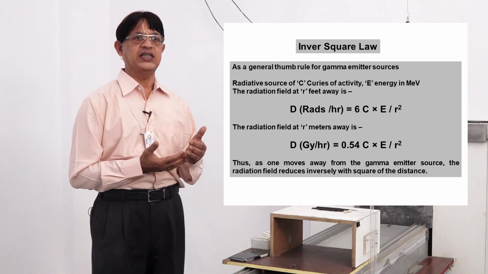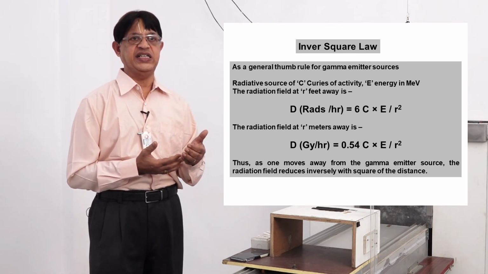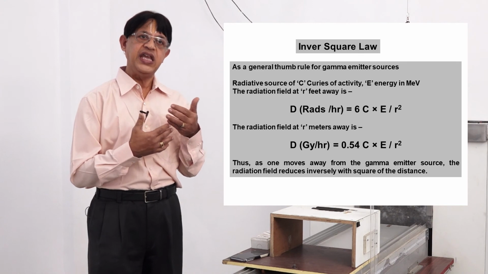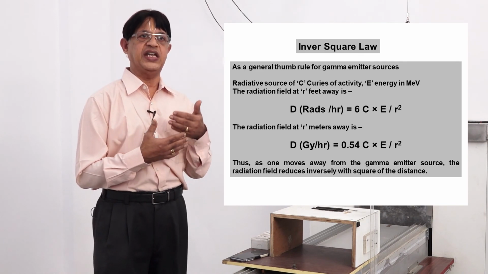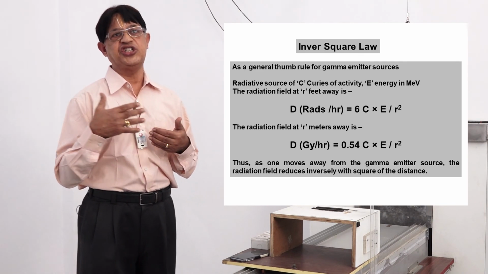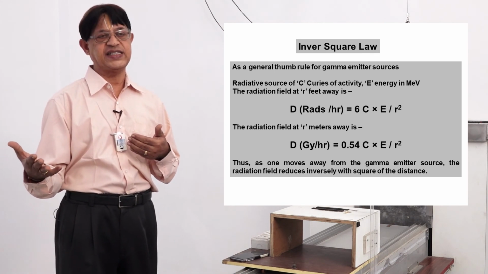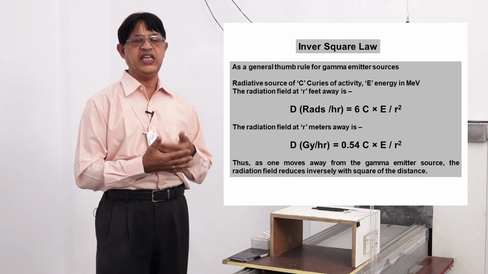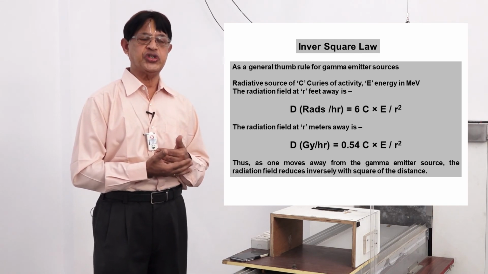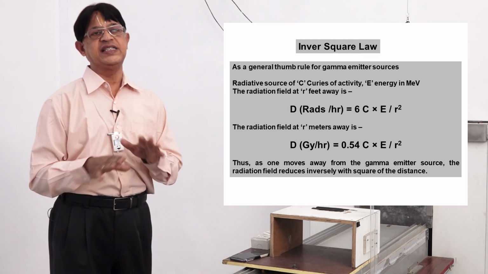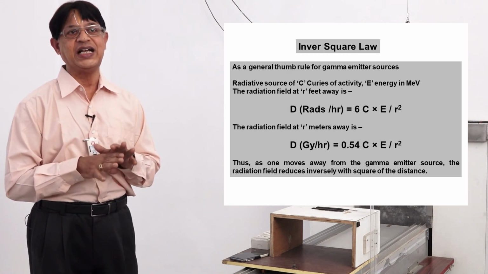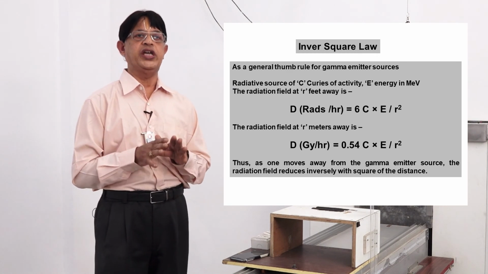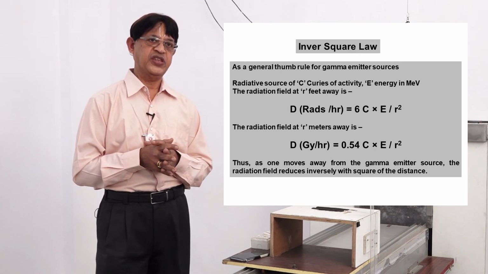Unlike the activity and the energy, where increasing them enhances the radiation field, as I increase the distance from a given activity, given energy source, the radiation field is going to decrease. Inverse square is the principle.